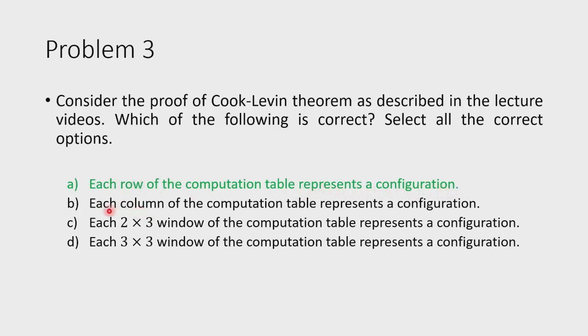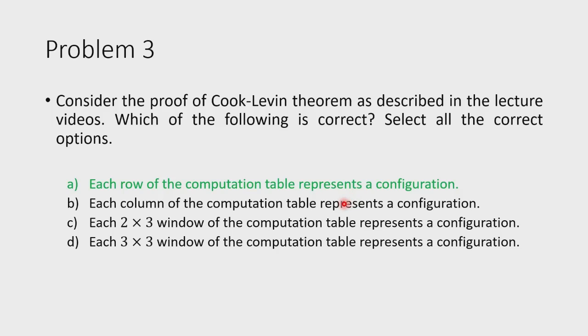What does each column of a computational table represent? Each column would be representing the transition of that particular ingredient of the configuration during the entire process. Exactly.